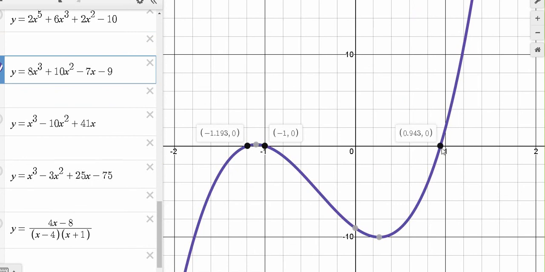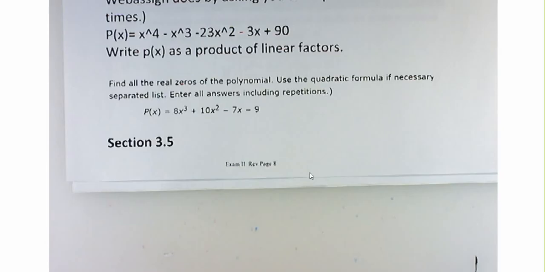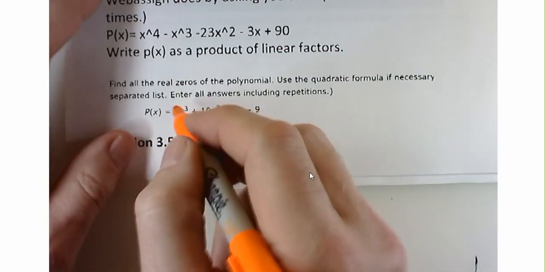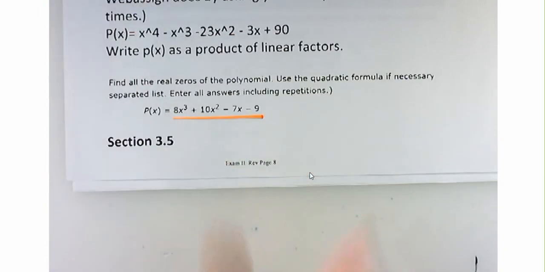Okay, so moving on down to this one here. It says find all real zeros, use the quadratic formula if necessary. So what that's going to mean for us is I would suggest you start out by finding one of the roots, and we can see that from the graph up above.